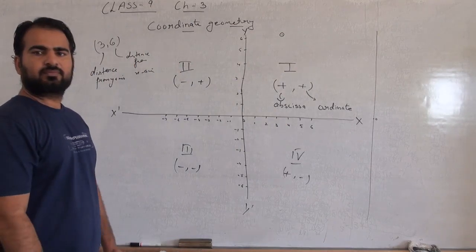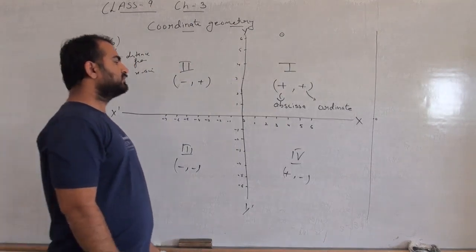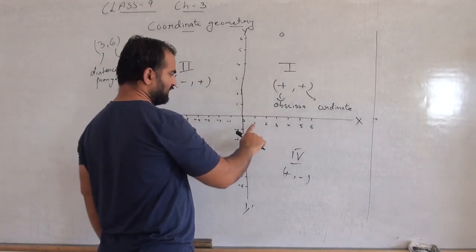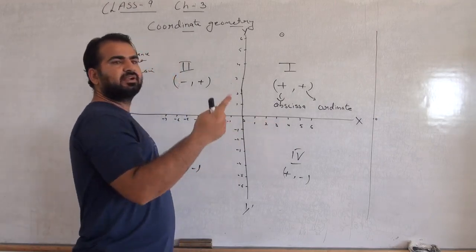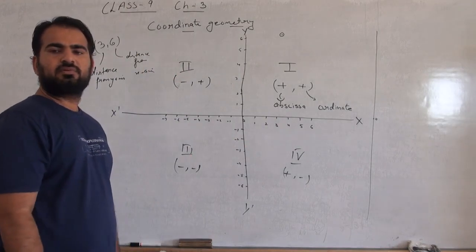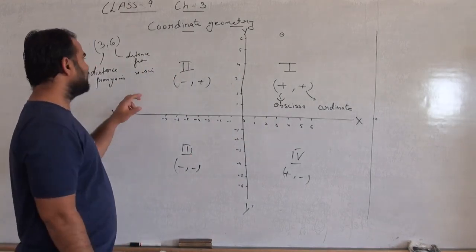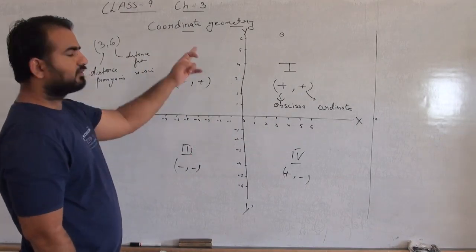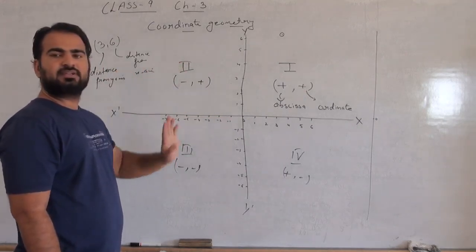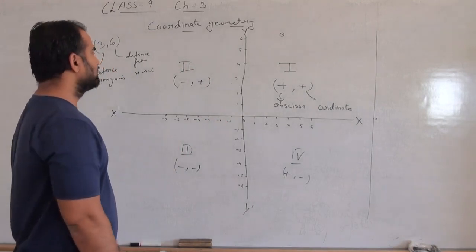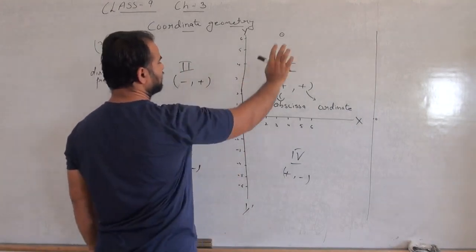So x is the distance on the x-axis, the perpendicular distance from the y-axis, and y is the distance on the y-axis, the perpendicular distance from the x-axis. Correct? So this is our point (3, 6).